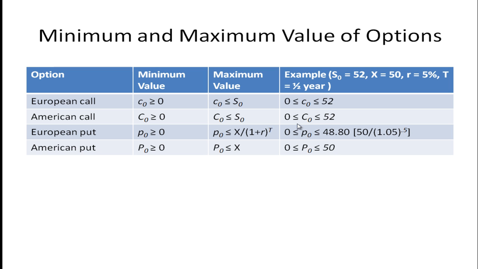Also true of the American call, it has to lie between 0 and 52. For the European put, it has to lie between 0 and the present value of the exercise price, which is $48.80. And for the American put, it has to lie between 0 and the exercise price, which is 50.